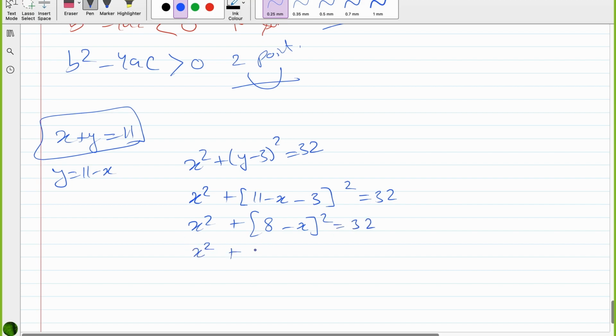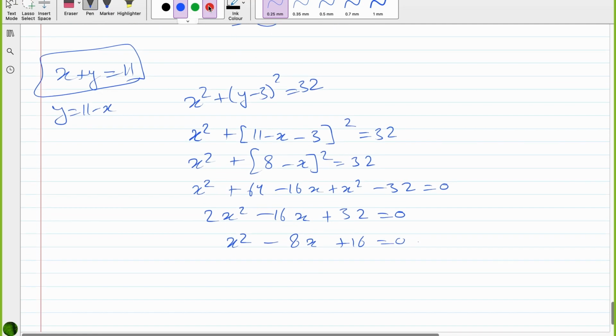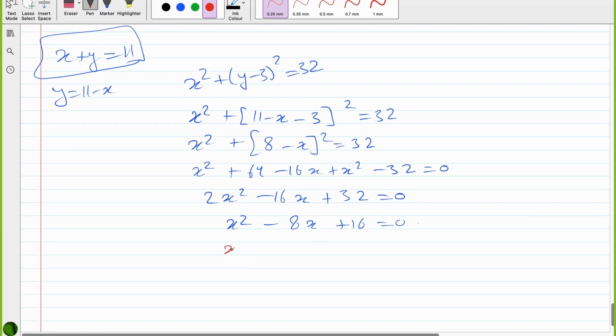Keep going, x square, this is a square minus 2ab plus b square, minus 32 is equal to 0. X and x, 2x square minus 16x plus 32 is equal to 0. Dividing with 2, x square minus 8x plus 16 is equal to 0. So for 16 we know we have 4 and 4.